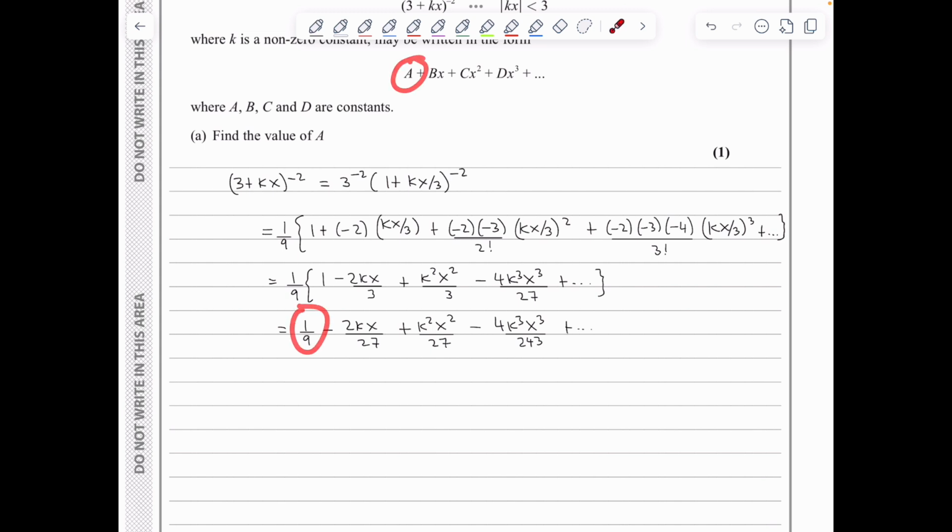We can see that a is 1/9, and therefore we conclude that a is equal to 1/9.